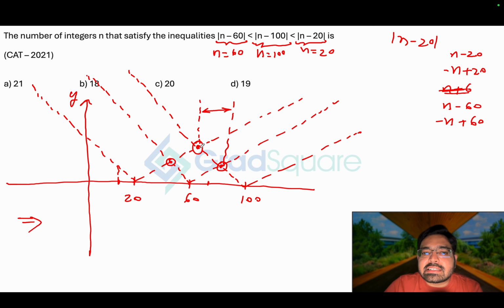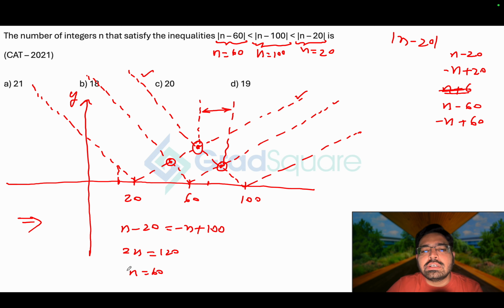The first intersection that we are looking at over here is of n minus 20. This part was n minus 20 and this part was minus n plus 100. Correct? Now, if you solve this, it will become 2n equals 120. N will turn out to be equal to 60. So this particular point is n equals 60.